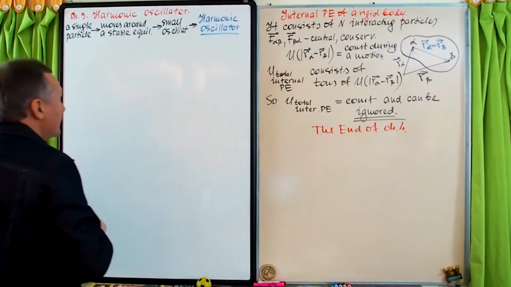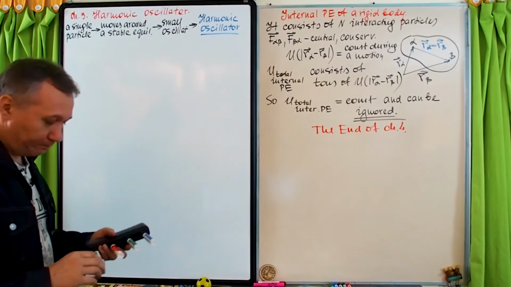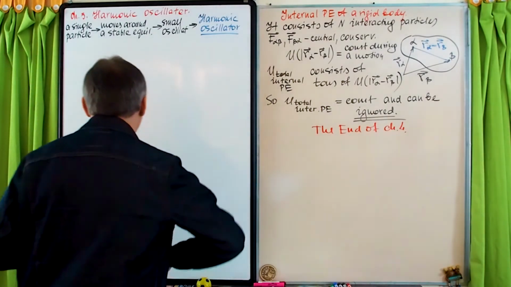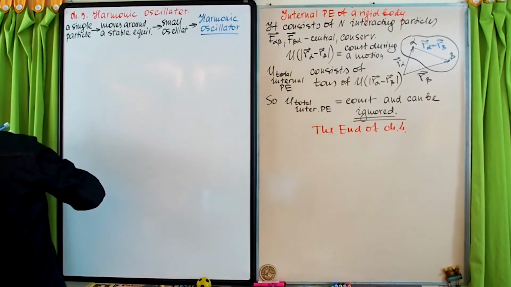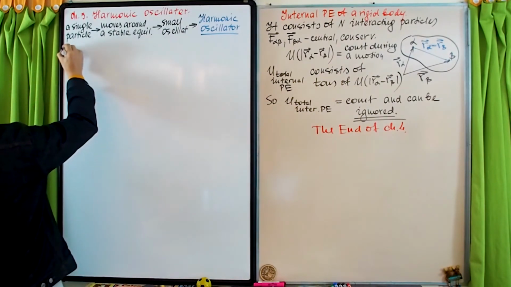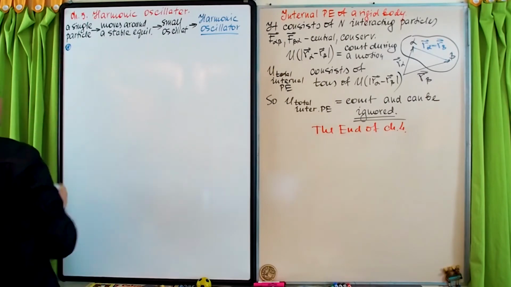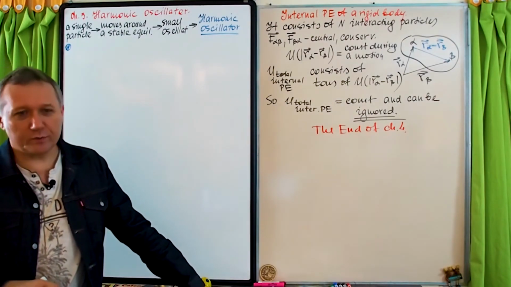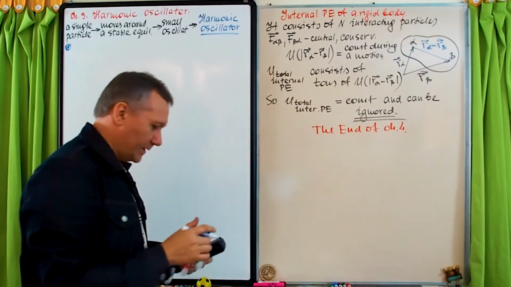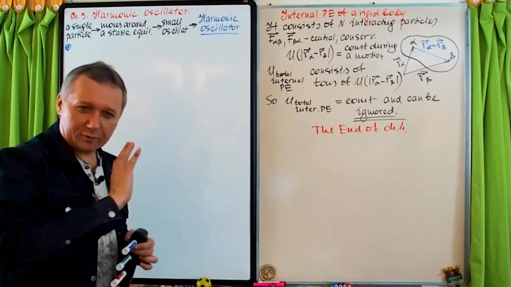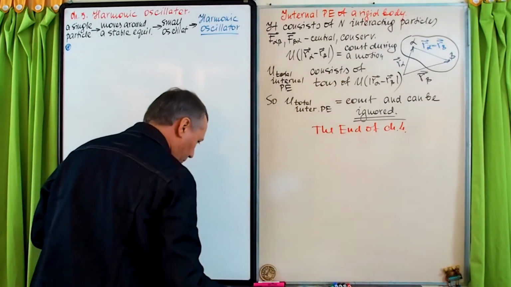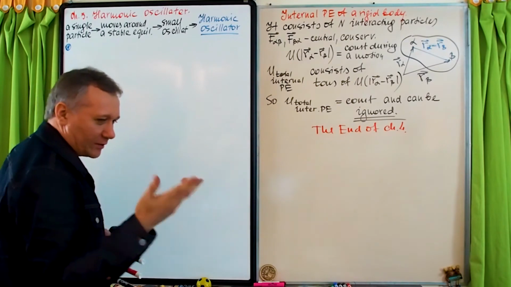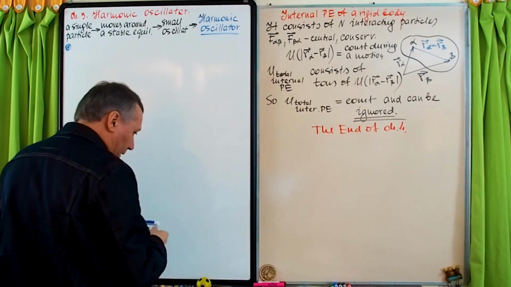Okay, so let's assume that we have a system, an arbitrary system, conservative. Let me put a new bullet. I'm just coming up with my own titles, not like in a book, right?